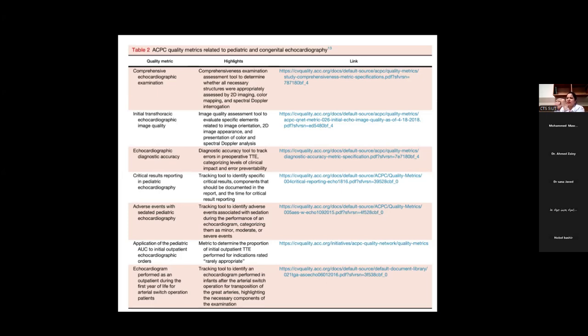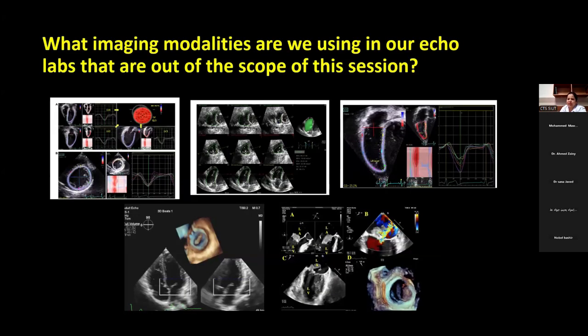And I am just showing this to say that echo is not just making the image, there are many things around the imaging world. These are the modalities which we are doing, but they are not the scope of this lecture.